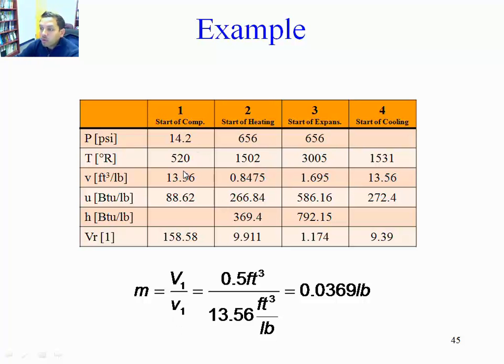Well, we know the volume at state 1, which is 0.5, and we know the specific volume, which is 13.56. Remember that absolute volume is mass times specific volume. So we can calculate mass as absolute volume over specific volume, 0.0369 pounds. Okay?